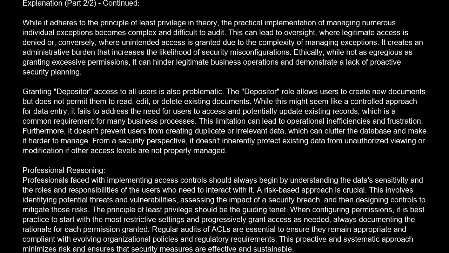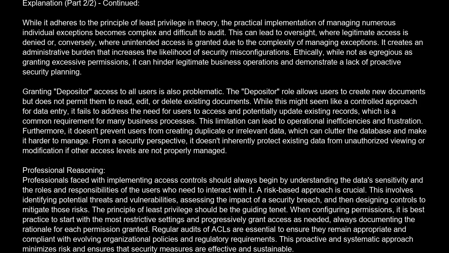Professional reasoning. Professionals faced with implementing access control should always begin by understanding the data's sensitivity and the roles and responsibilities of the users who need to interact with it. A risk-based approach is crucial. This involves identifying potential threats and vulnerabilities, assessing the impact of a security breach, and then designing controls to mitigate those risks. The principle of least privilege should be the guiding tenet.